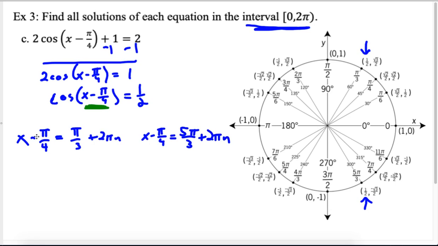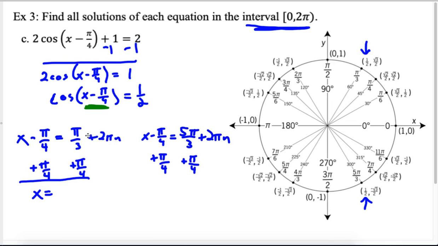Now I actually have one more step. To get x by itself, I need to add pi over 4 over to the other side. Since I'm adding, we can think about these as just like terms. I need to add pi over 4 to both of these.